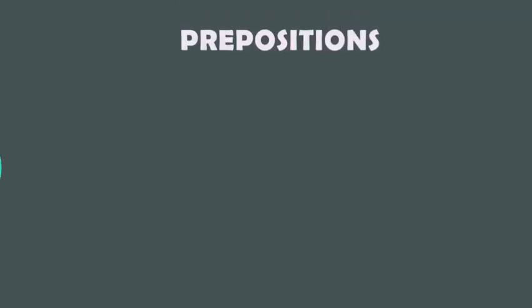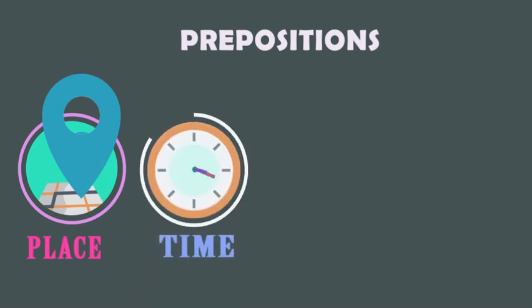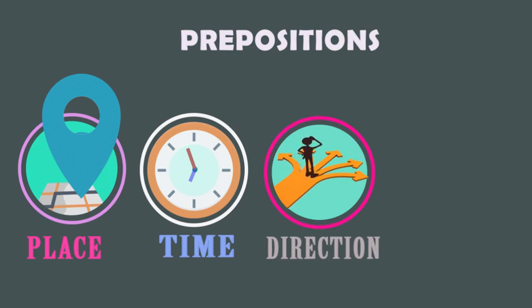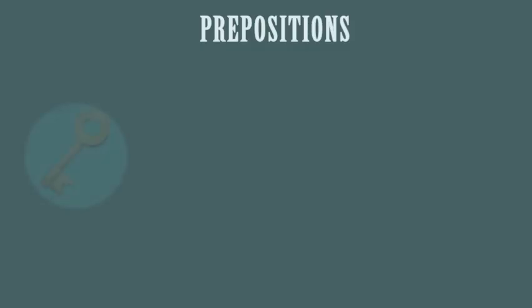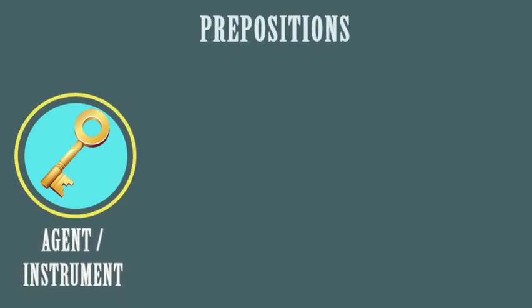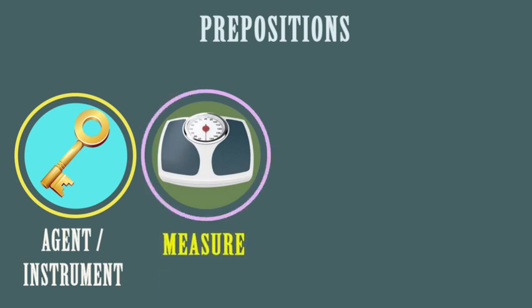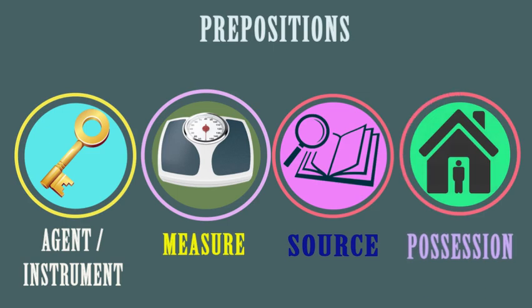So based on function, it may be preposition of place, preposition of time, preposition of direction or movement, preposition of manner, preposition of agent or instrument, preposition of measure, preposition of source, and preposition of possession.